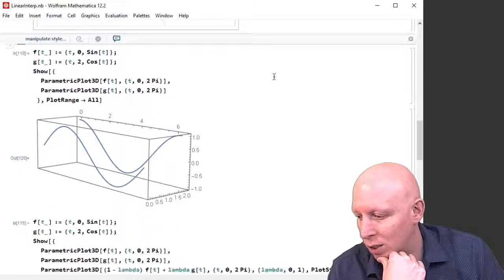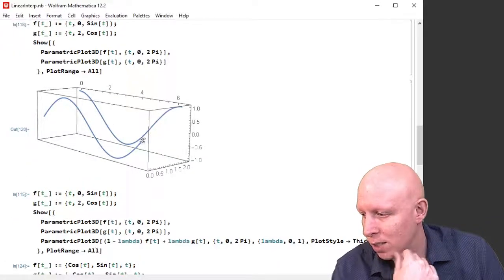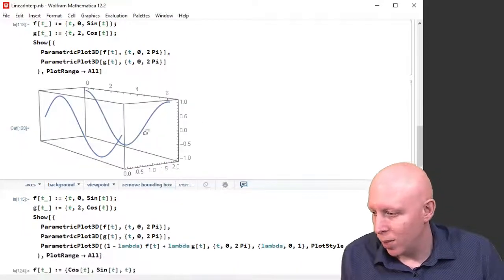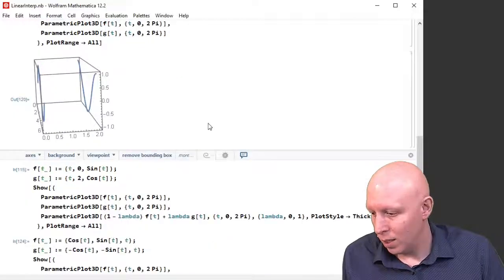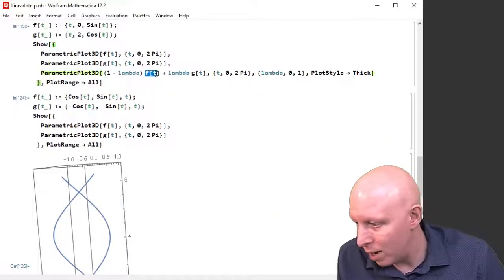All right, let's talk about these surfaces. So let's say we had 2 curves. Here's f of t, and here's g of t. And let's say we want to make a surface that interpolates between them.